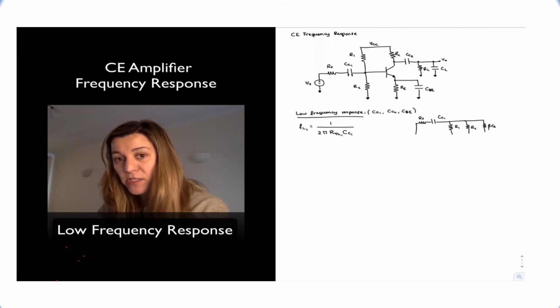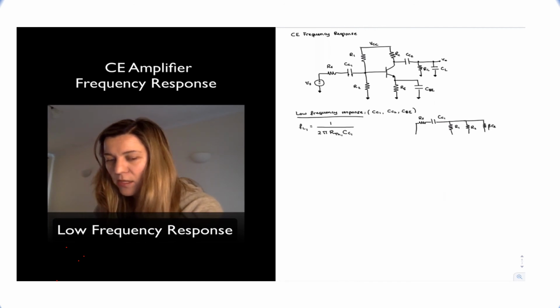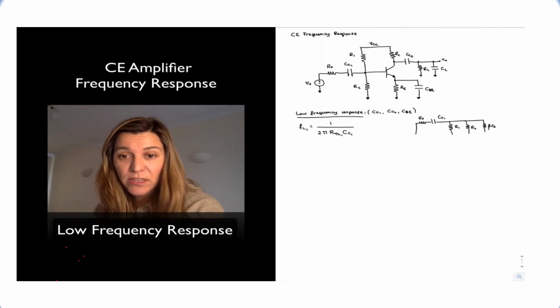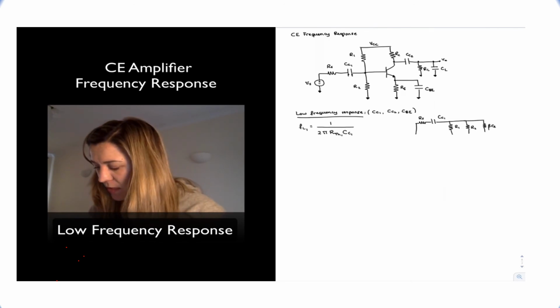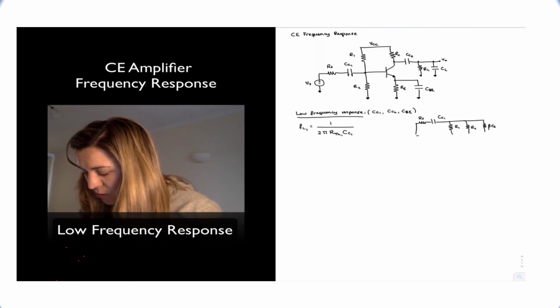Notice that I'm assuming CBE is a short because I'm not considering the effect of the capacitor, and so capital RE does not play a role in this particular case. Okay, so this is just beta times little re. These are all going to ground.